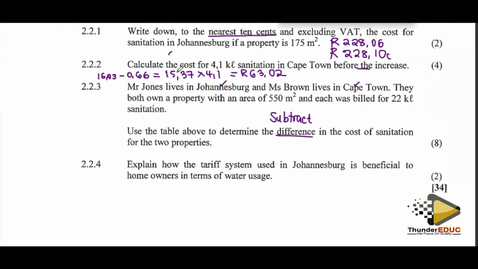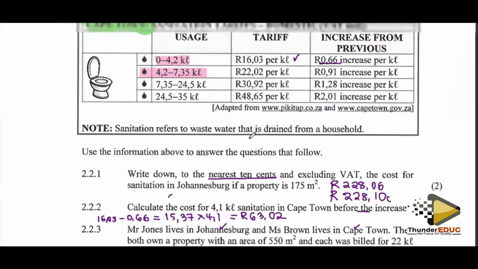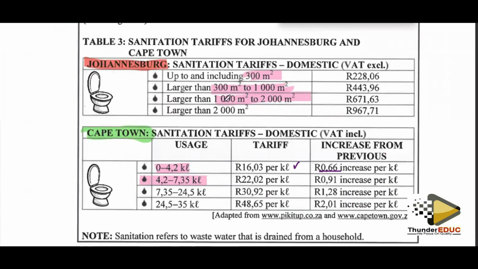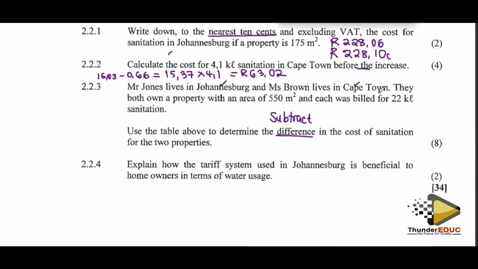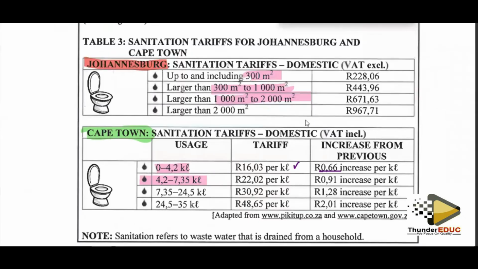So we come here and we say, in Johannesburg, the area we're looking at is 550 meters squared, which belongs to this. In Johannesburg, it's at this point here, which is this much.